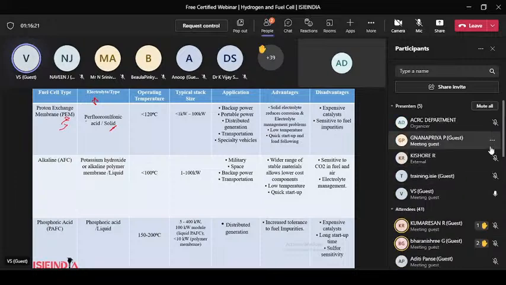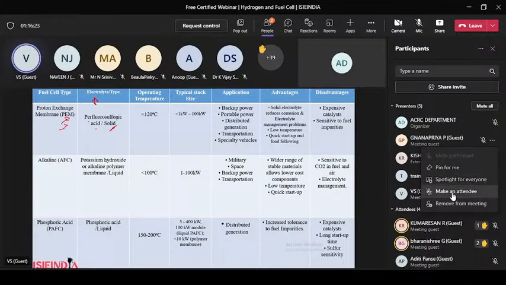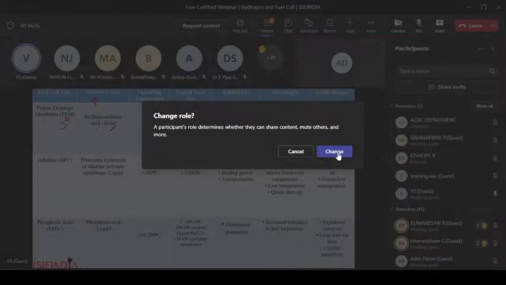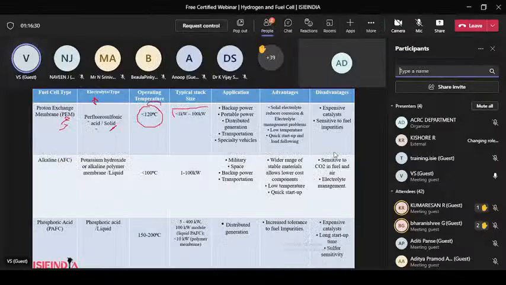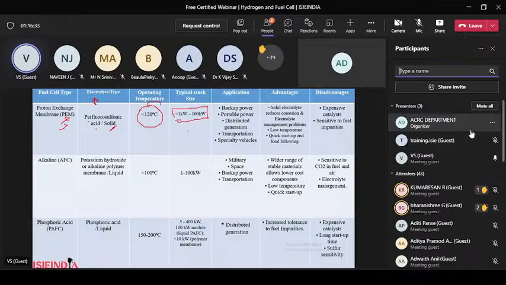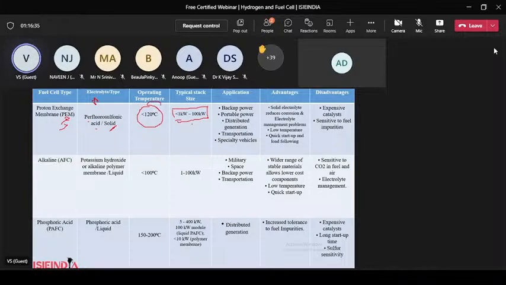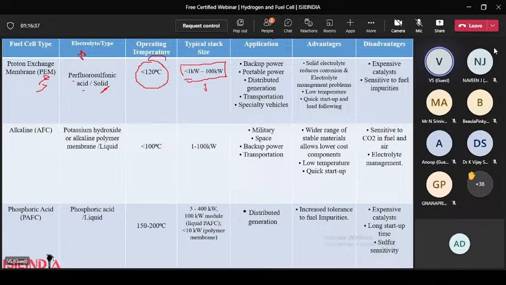It is made up of fluorosulfonic acid, and its operating temperature is less than 120 degrees. The typical stack size, like one fuel cell, the power will be about this much. Its applications are backup power, portable power, distributed generation, transportation, and specialty vehicles. So these are the applications of the PEM.